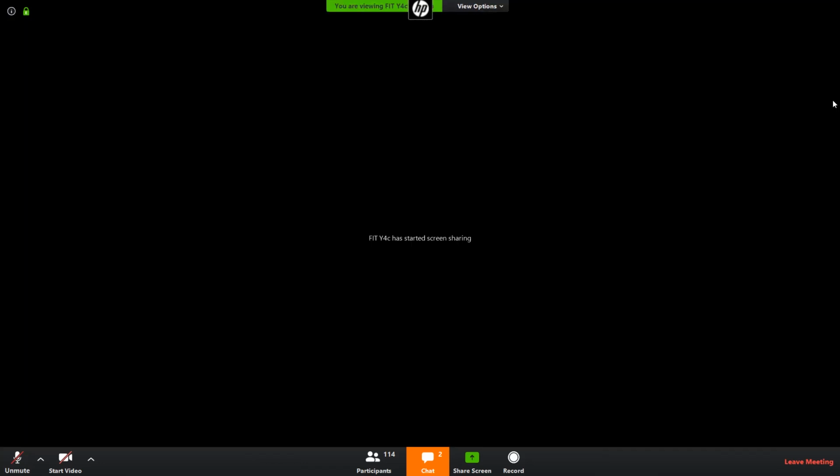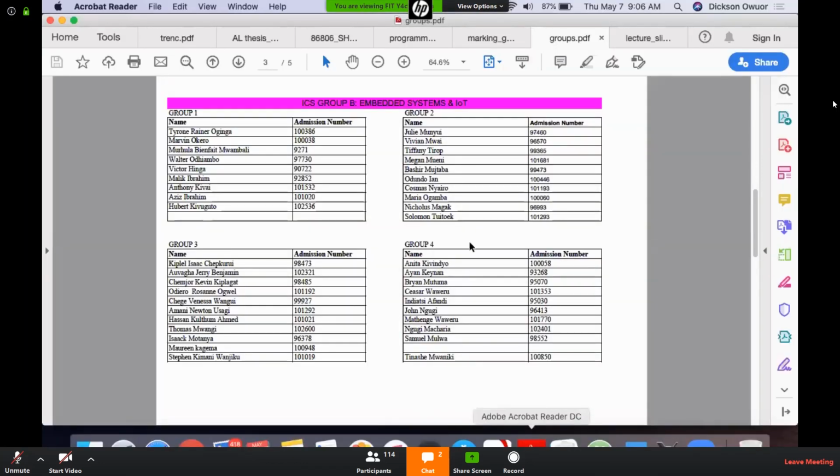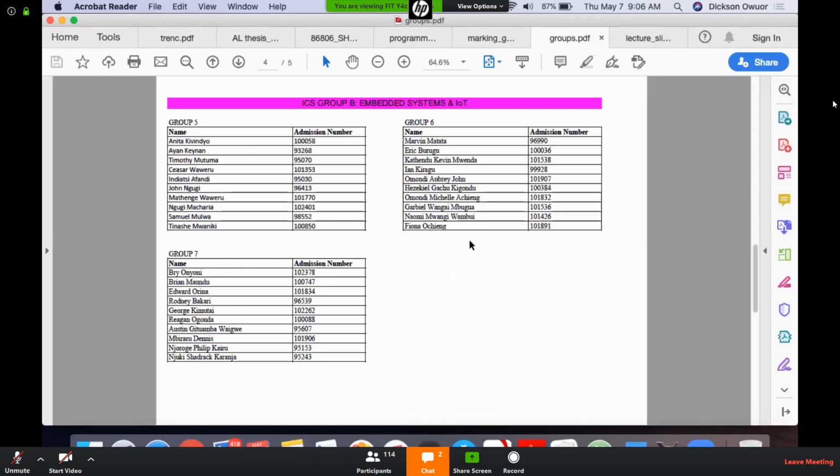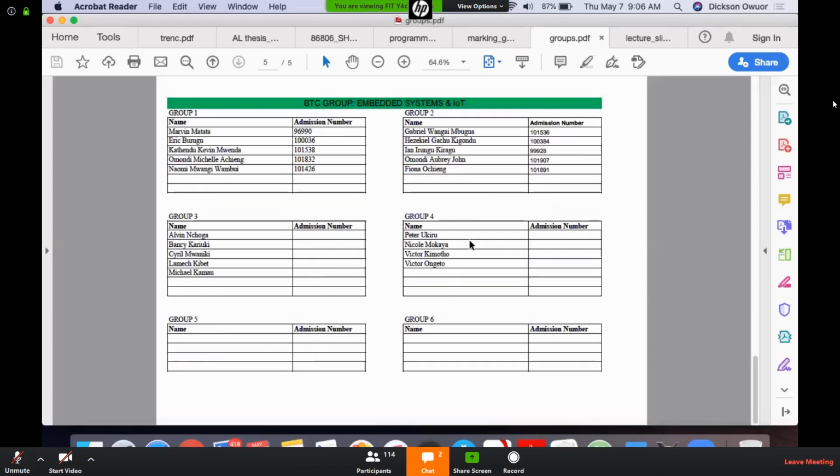So now we go to the last group. I'm told that BTC group 1 is ICS. So we'll go to BTC group 2 because I think that is BTC. So the one for Gabriel, Ezekiel, Ian, Ubre, and Marvin is in ICSB.